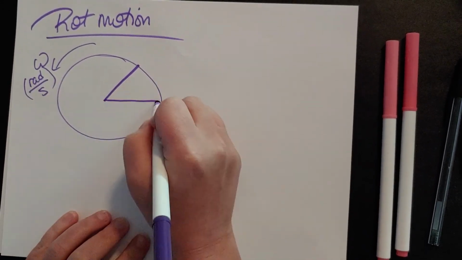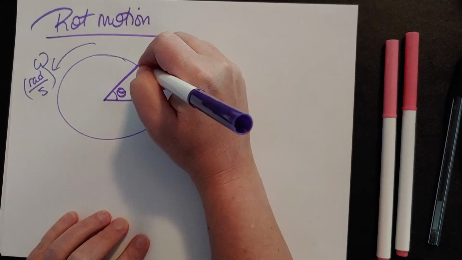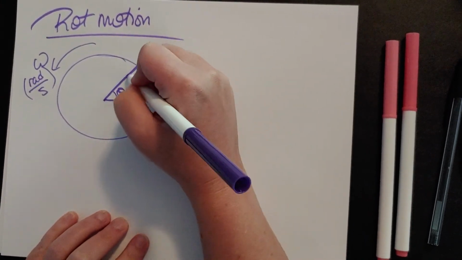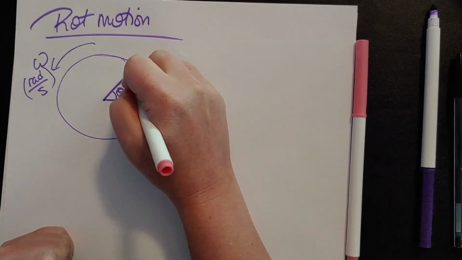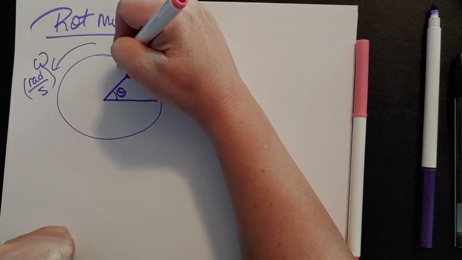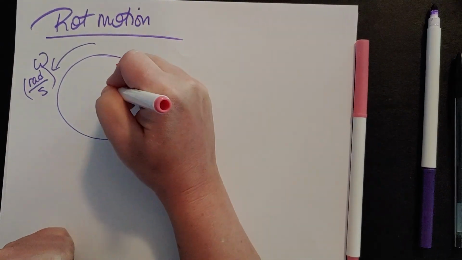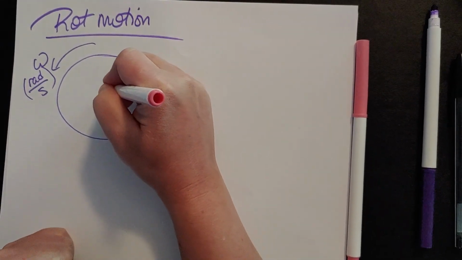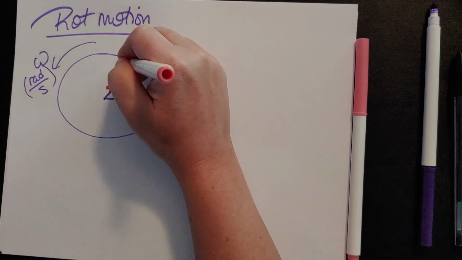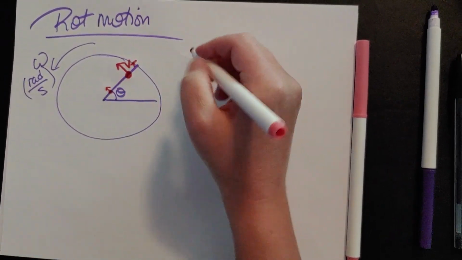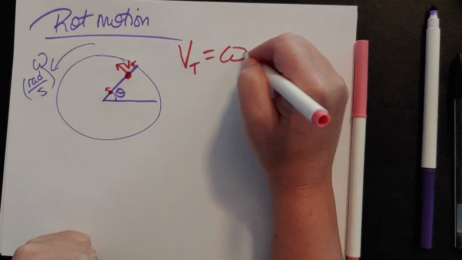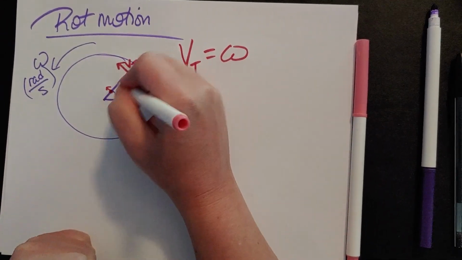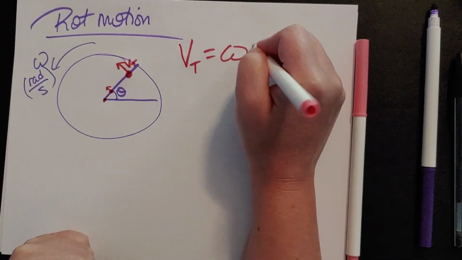So an object here is going to have a certain velocity, and an object here would have a different velocity. That's called the tangential velocity. The tangential velocity is that omega times how far away it is from that center. Okay?